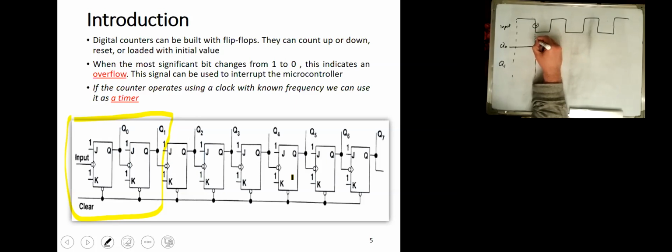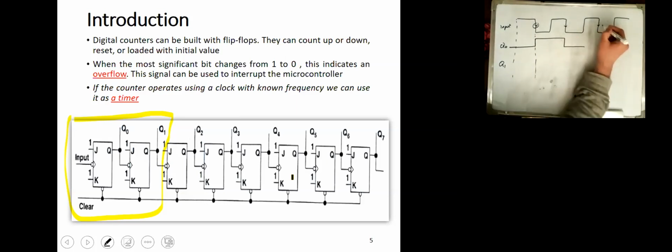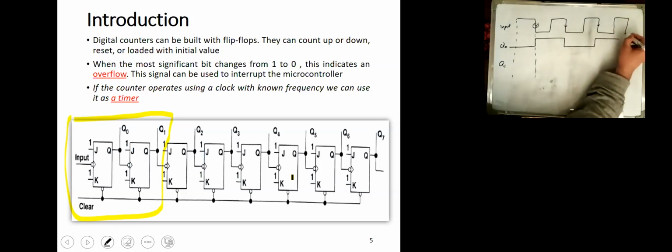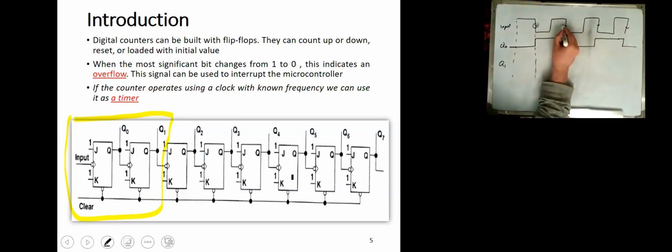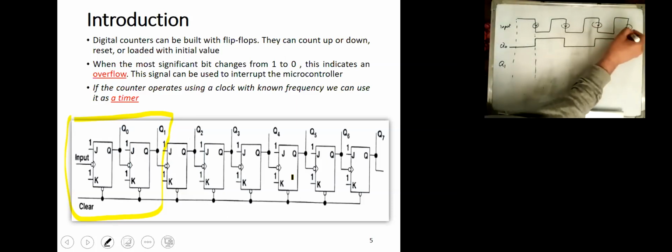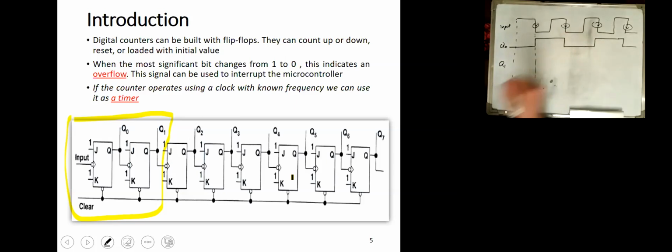So now Q0 becomes 1, and it will stay 1 until another falling edge is observed. So now it is again toggle. And here it is again toggle. And here it is toggle, like this. So on every falling edge, Q0 is basically complementing its value.